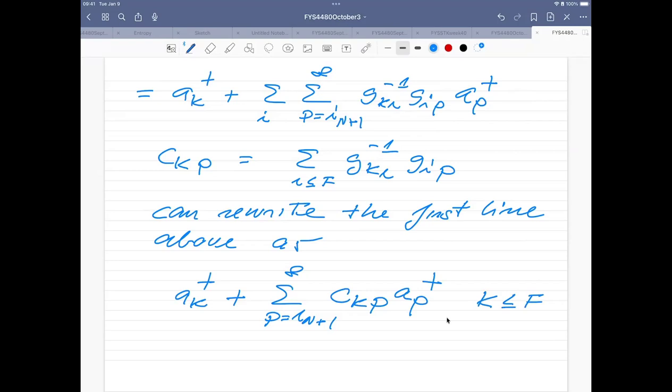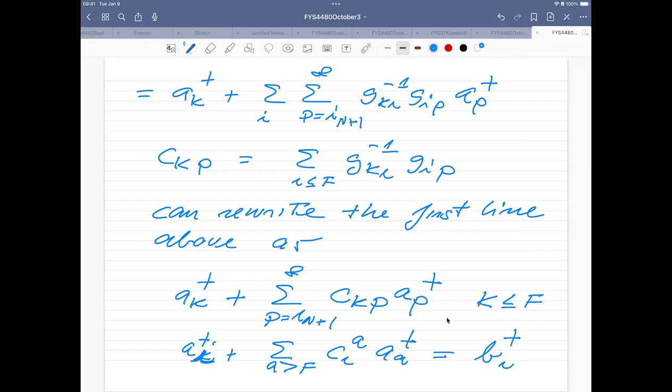Now, this is nothing but the operator which I defined earlier. So earlier we defined a_K dagger plus this summation over a larger than F, the Fermi level, and then we had a C_ia. Actually this is an i here, just to remind me, because we use an i then, plus a_a dagger. And this is what we called the creation operator B_i dagger.